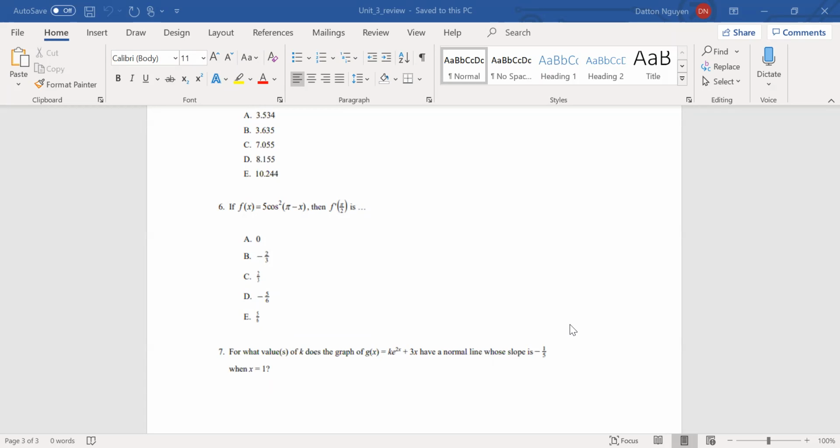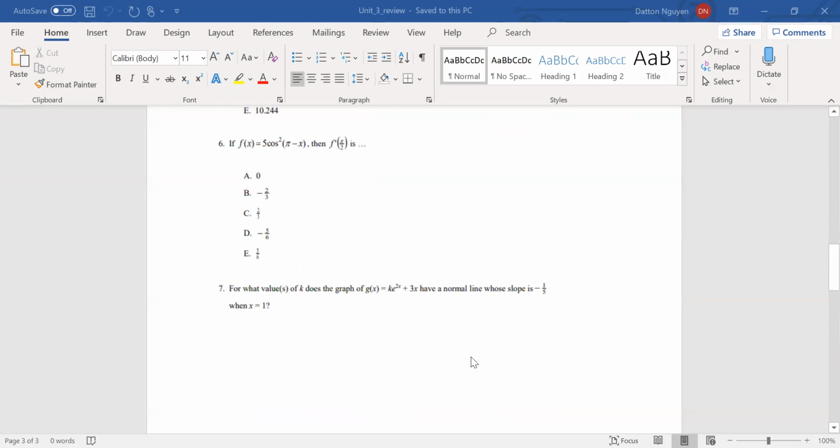I flip it upside down and get rid of the negative sign, so the tangent slope is 5. I set that equal to the derivative at x equal to 1, and I'll figure out what k is. Maybe that helps you out, maybe not.